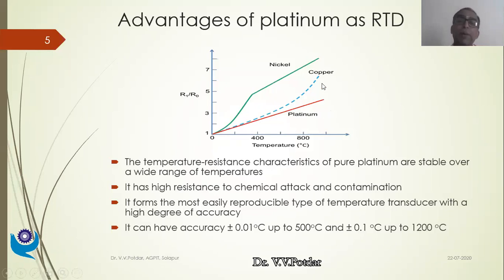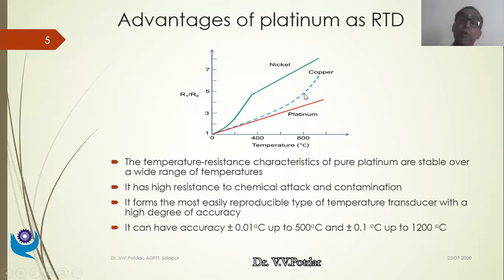If you see copper, what happens? Copper shows a linear relationship up to maybe 500 to 600 degrees Celsius. Thereafter, you can see the curvilinear nature. What does that mean? Corresponding to a unit change in temperature, I might get a larger resistance change. So it's a non-linear relationship.